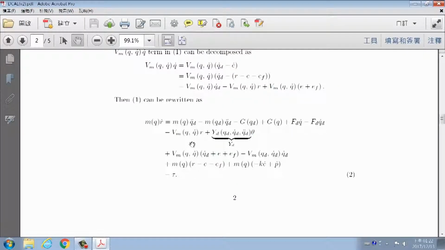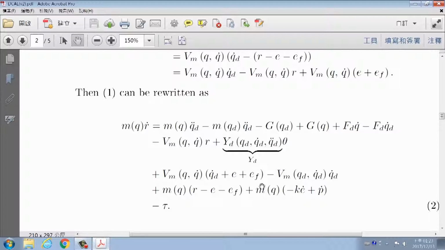So on Monday, I think we were at page 2. Okay, so the next step is I will consider this part. This is the open loop dynamics.